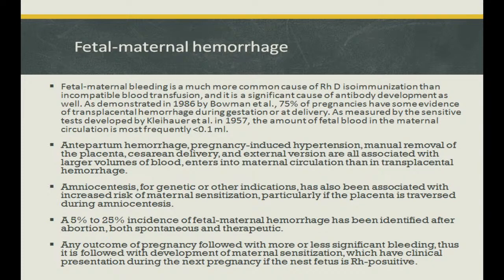A 5 to 25% incidence of fetal-maternal hemorrhage has been identified after abortion, both spontaneous and therapeutic. An especially severe situation may take place when it was a spontaneous threatened abortion.